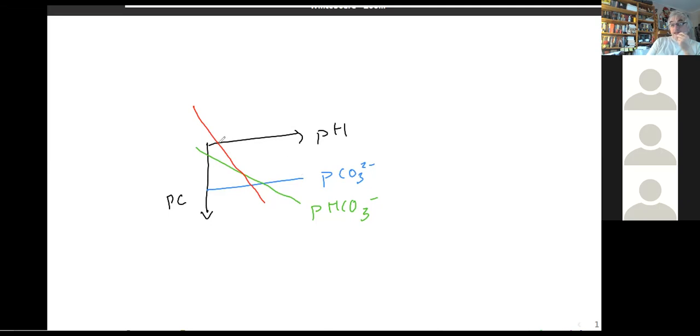At a very, very low value of pH, the carbonic acid is the stable one. And then this carbonated water would start to be fizzy or bubbling with carbon dioxide. And this is more or less what happens at some places in the world.